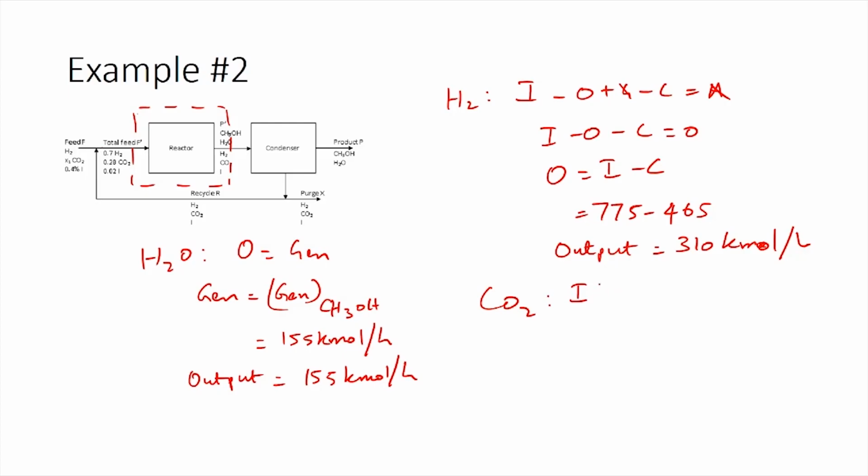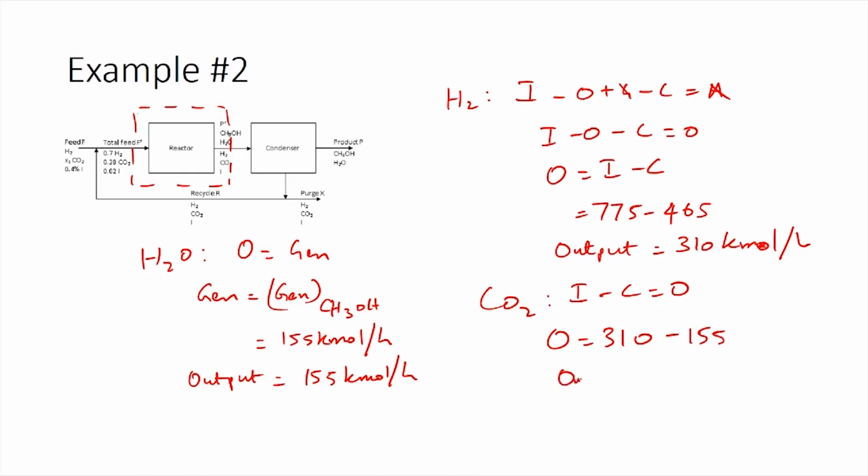For carbon dioxide you have an input of 310, and you again would have only consumption and output terms. So, your output would be input minus consumption. The output term would be 310 minus consumption, which would be equal to the same amount of methanol being generated, because 1 mole of methanol is generated from 1 mole of carbon dioxide. So, this would be 155.